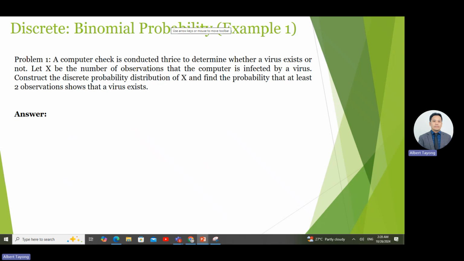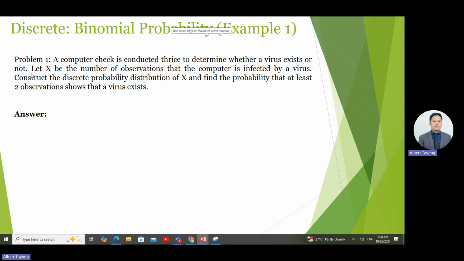It is discrete because we can count, and binomial because it has two possible outcomes. Now here, a computer check is conducted 3 times. That's the meaning of thrice, to determine whether a virus exists or not.